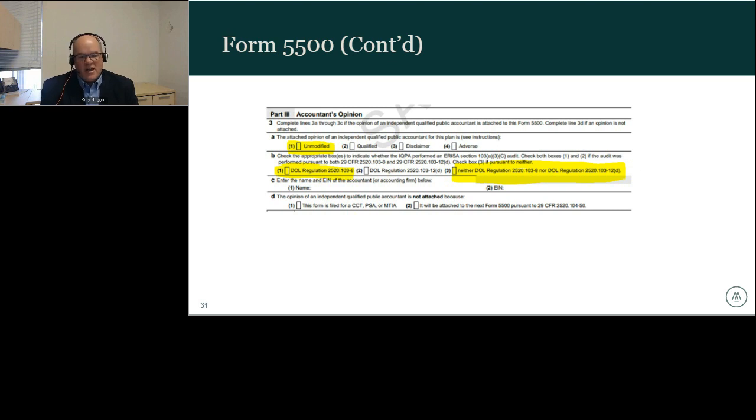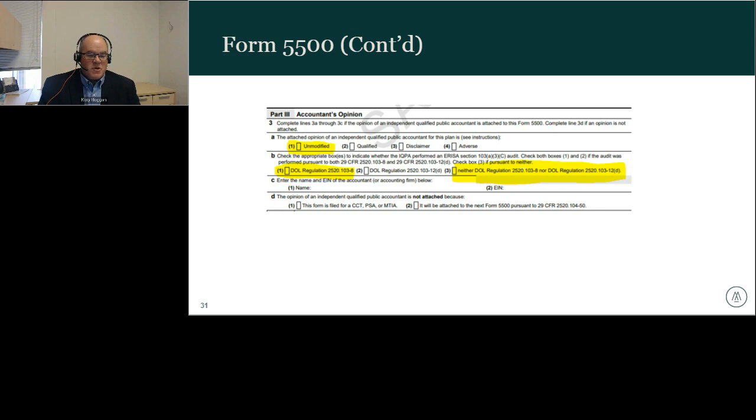And then COVID hit and they delayed implementation. But the 5500 forms set up by the DOL and the IRS had already been printed. The forms had already been finalized. So they went ahead and rolled out the new Part 3 last year. And I know there was a lot of confusion. The standard wasn't effective yet. So even we as auditors were questioning, why would we check the unmodified box when it's clearly a disclaimer?